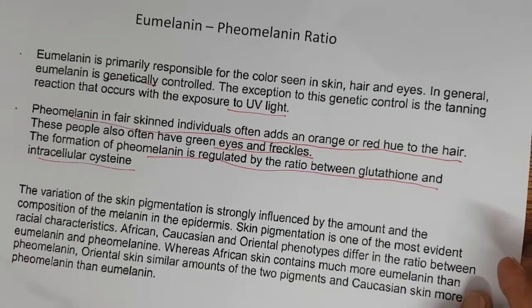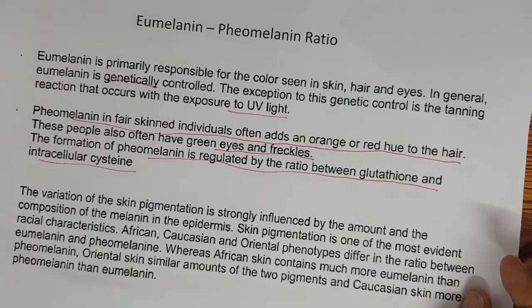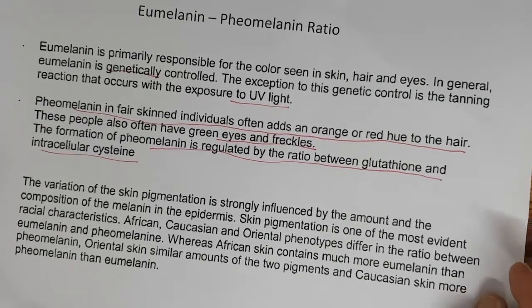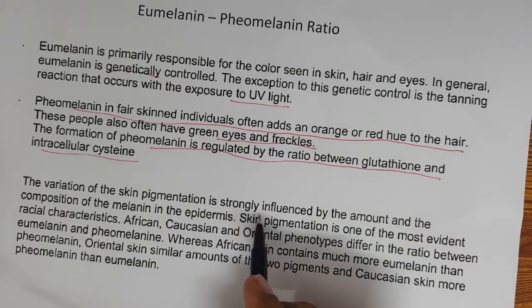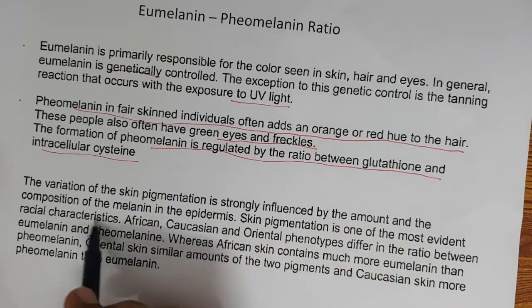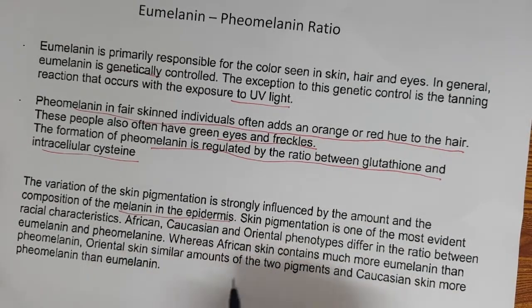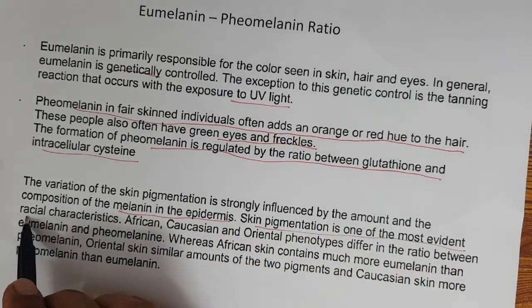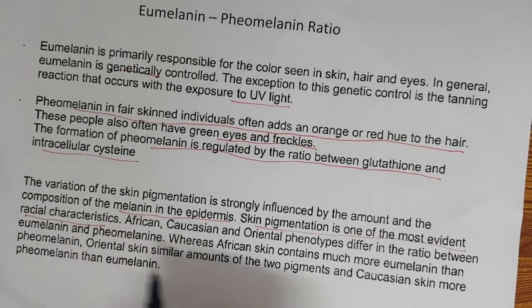Don't worry about this. This is for any students watching this video who want to get more details, right? The variation of skin pigmentation is strongly influenced by the amount and composition of melanin in the epidermis. Skin pigmentation is one of the most evident racial characteristics, right?